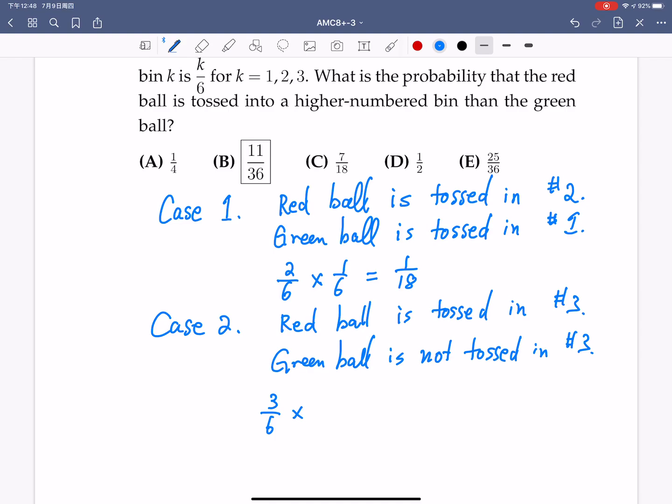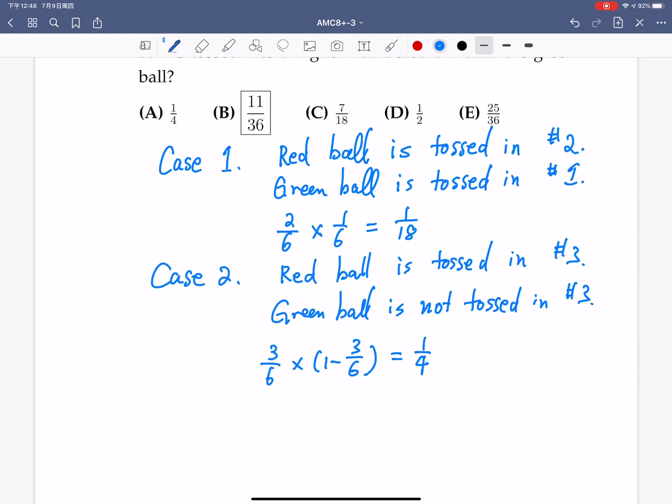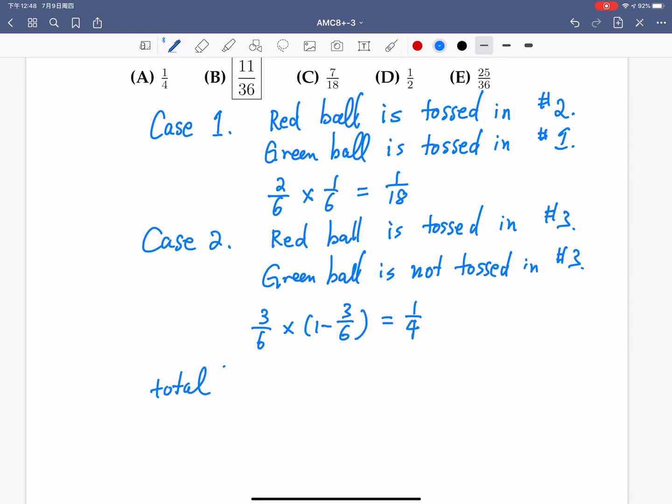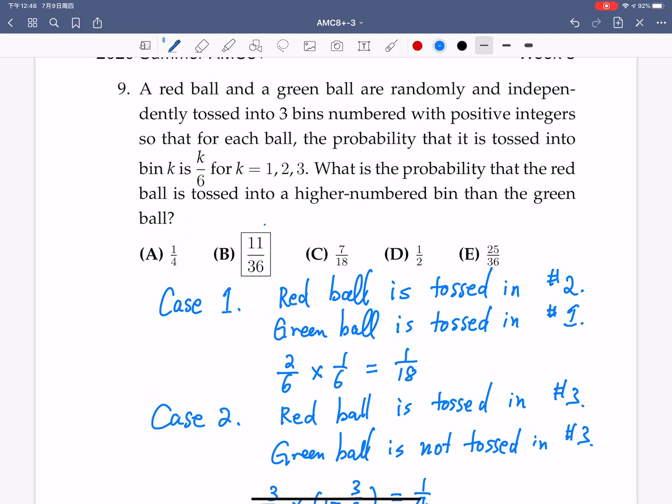And the green ball is not tossed in number 3 bin would be 1 minus 3/6. So this would be equal to 1/4. So the total probability would be equal to 1/18 plus 1/4. So 2/36 plus 9/36. So that will be 11/36. So the answer is B for problem 9.